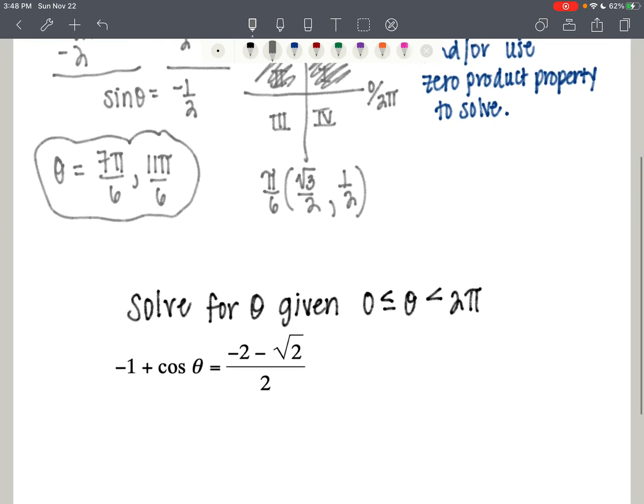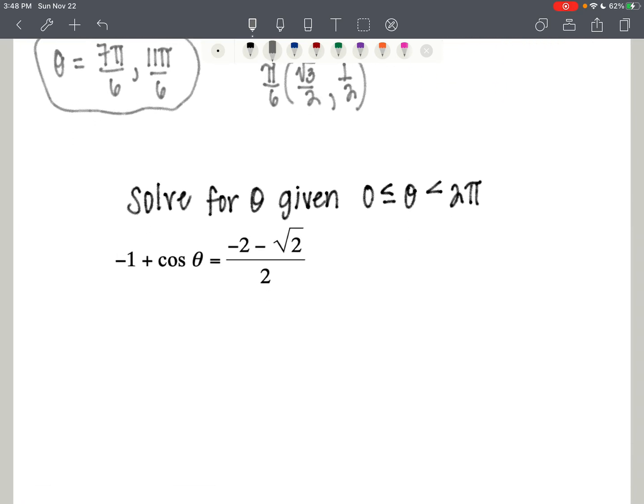So let's try another. We have negative 1 plus cosine of theta equals negative 2 minus the square root of 2 all over 2. Once again, we only have one term, so we only have one trig function and one angle. So we can go straight to isolating that trig term all by itself.